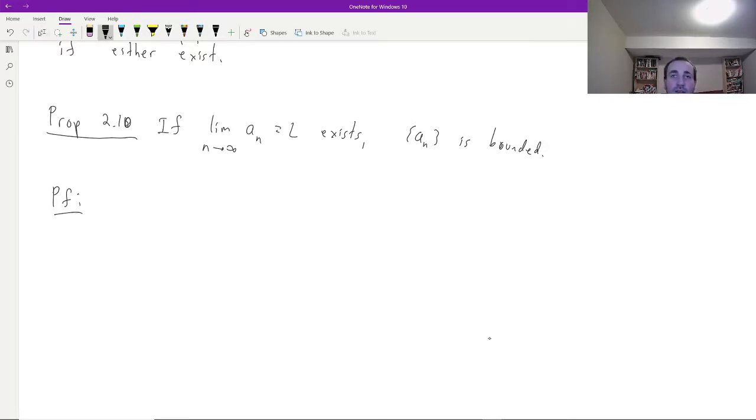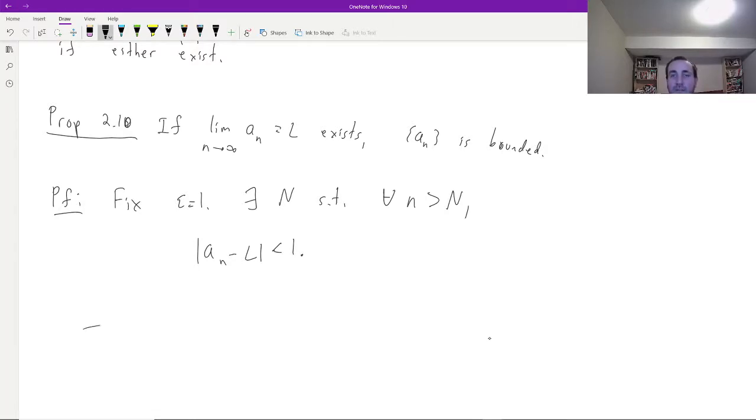Well, one of the things that you have to do in this situation is actually make a choice. So I'm going to fix, in some sense, epsilon equal to 1. And by the definition of a limit, there exists some N, so that for all n bigger than capital N, |a_n minus L| is less than 1.